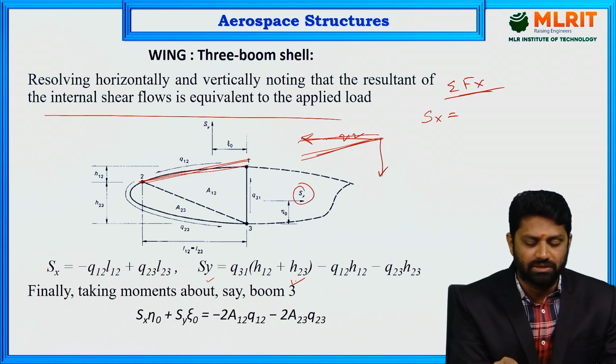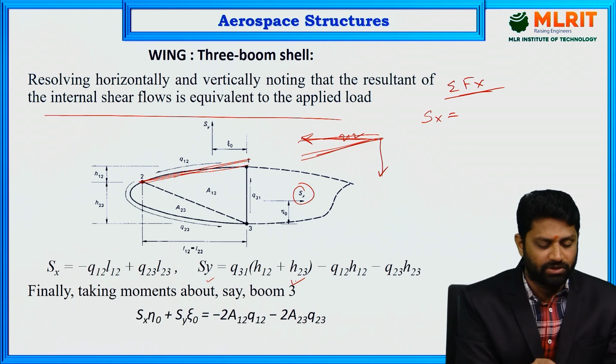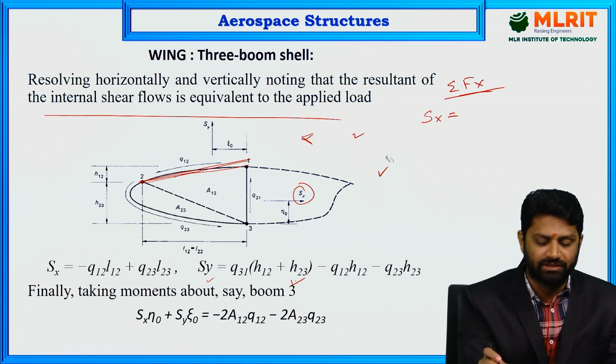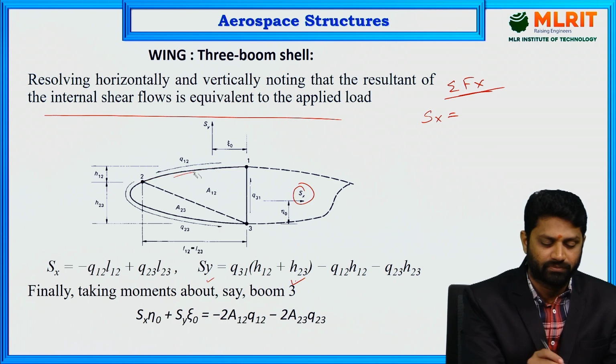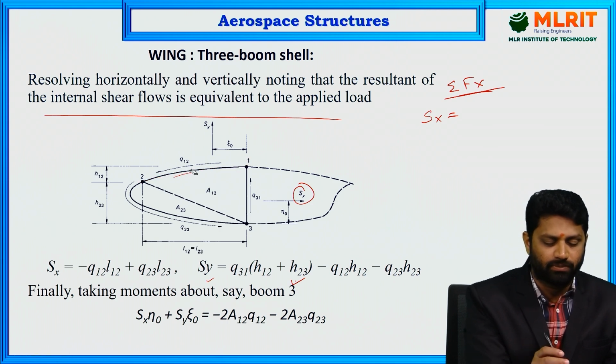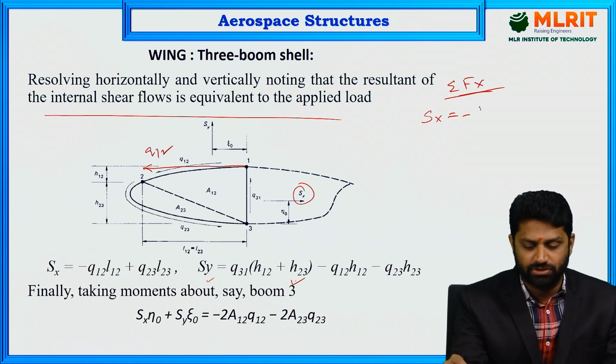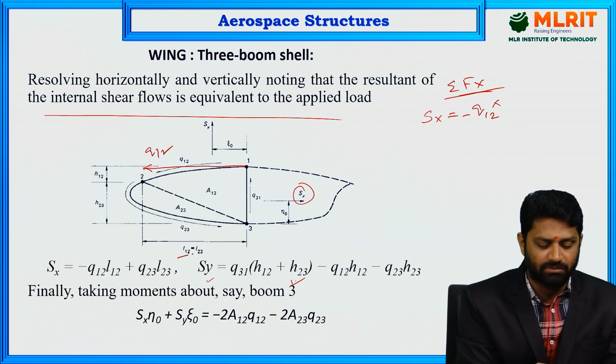So q12, now in this direction we are taking q12, which is in the negative x direction here. So q12, you can approximate it in the negative x direction. I am writing minus q12 into its length on which it is acting, which is nothing but L12.